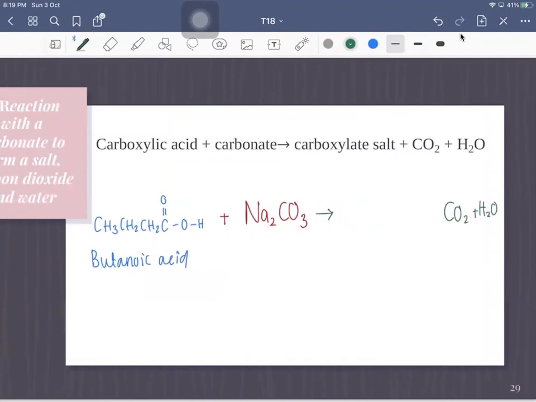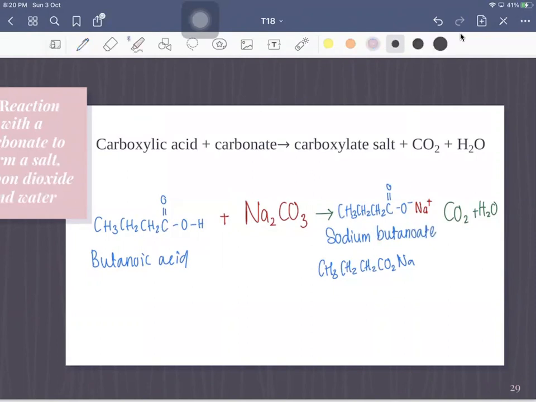The salt that you would produce would be butanoate ion, CH3CH2CH2COO minus, and then the counter ion, which is the cation, will be Na plus. That cancels out nicely, so you can just write it like that. It's the same. And we call this sodium butanoate.